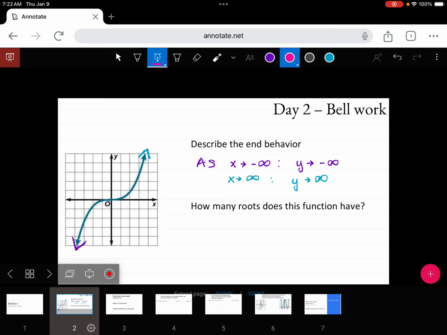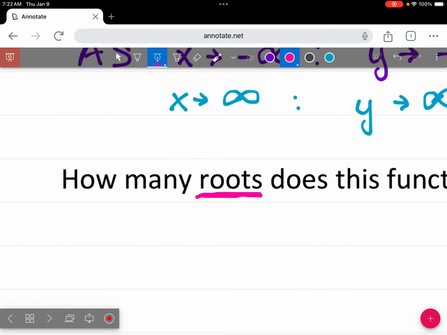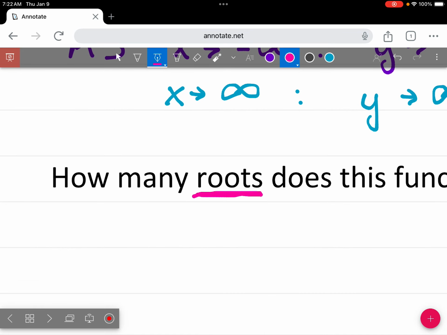Our second question up here, this is old school, is how many roots does this function have? There are four words that mean the same thing as roots. Do you remember what any of those other words are?